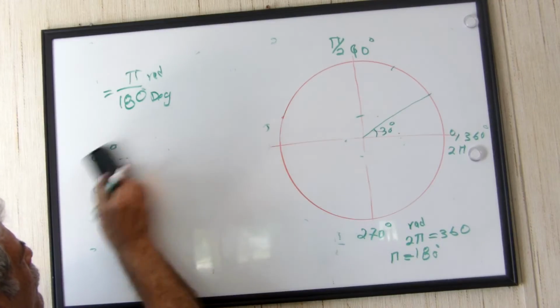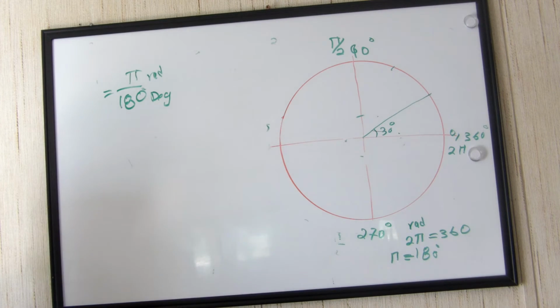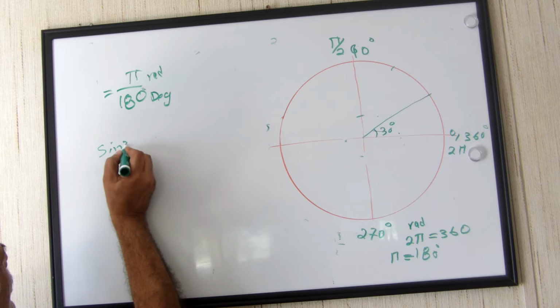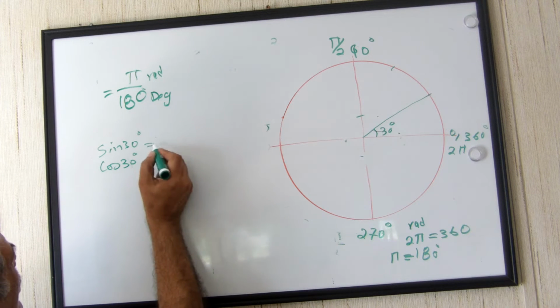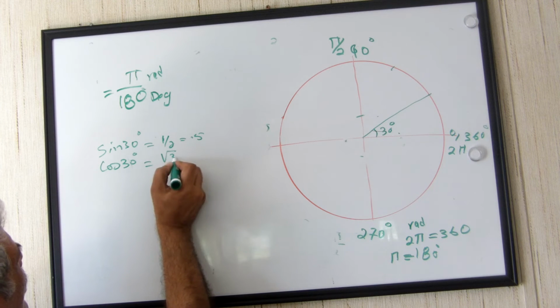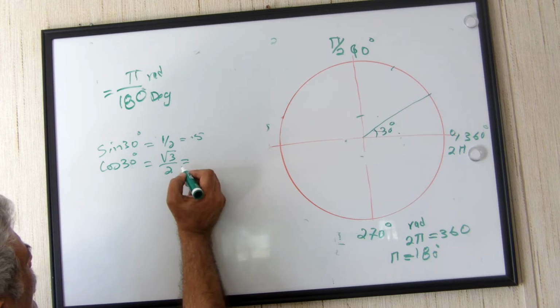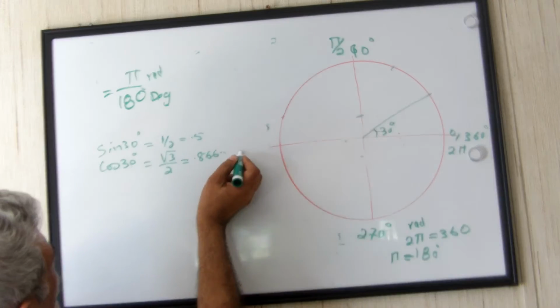Now we want to find out what these sine and cosine are, like sine of 30 and cosine of 30. Sine is 1/2 or 0.5, and cosine is the square root of 3 over 2, which is 0.866 something.